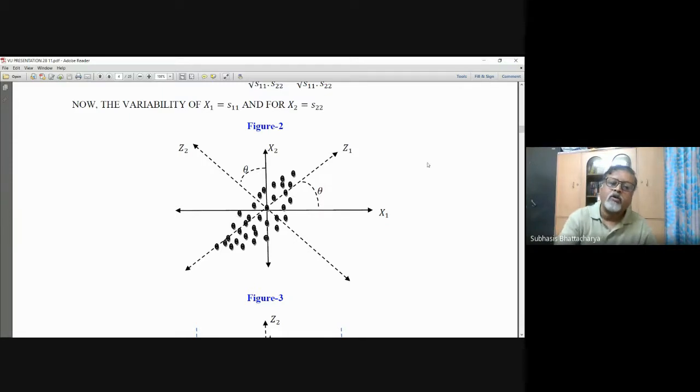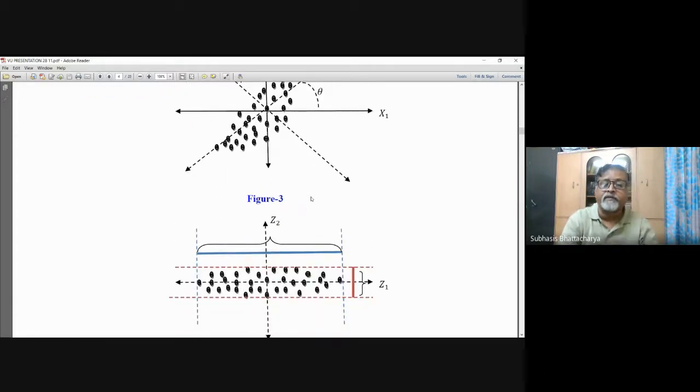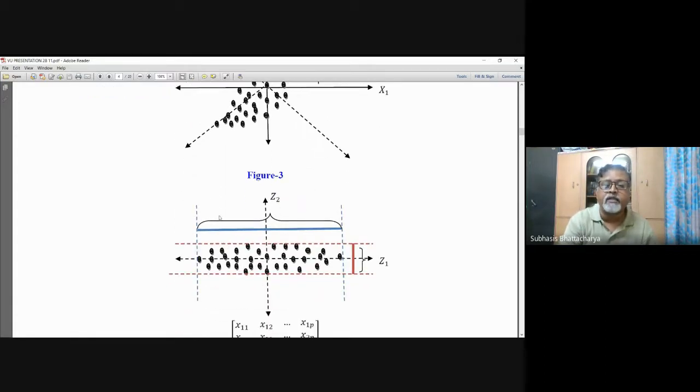Don't look at the x1 and x2 axes here. Look at the z1 and z2 axes, and consider the locations of the points. These points are distributed over the z1 and z2 axes this way. Now place the z1 and z2 axes, for greater visibility, rotated by 90 degrees, and the positions of the points look like this. Is it okay?